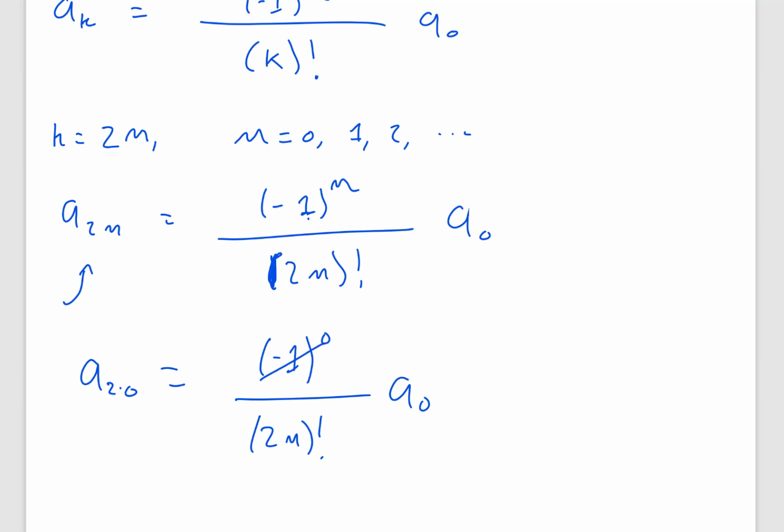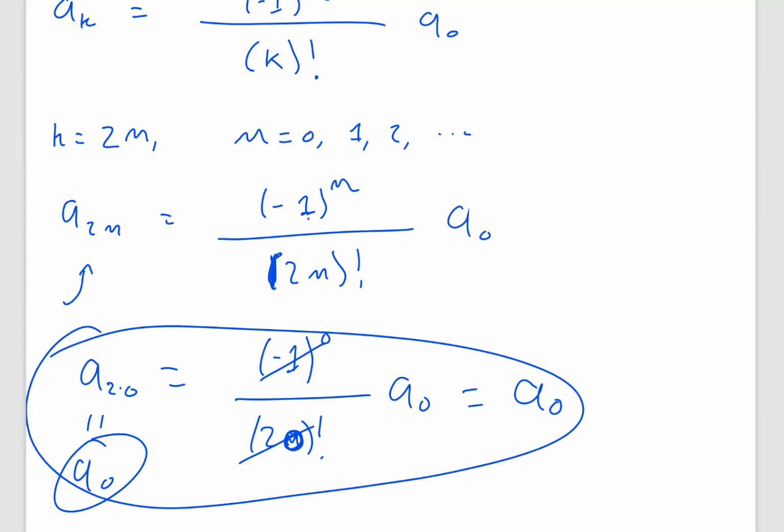Minus 1 to the power of 0 is 1. 2n factorial, well, if n is equal to 0, that's 1. And so this is just equal to a naught. But of course, this is equal to a naught. Okay, so by choosing an n there instead of an n plus 1, this little computation indicates that we picked the right choice.